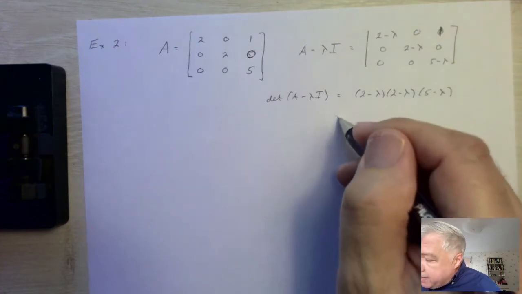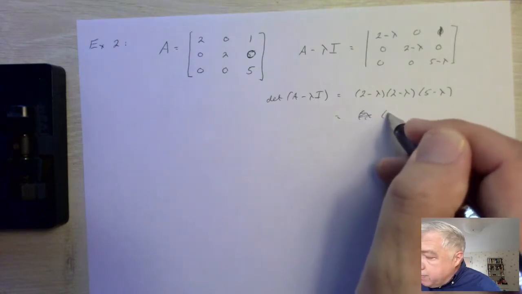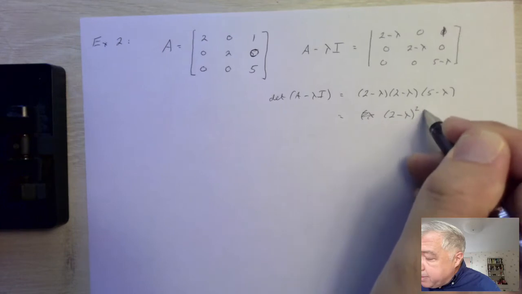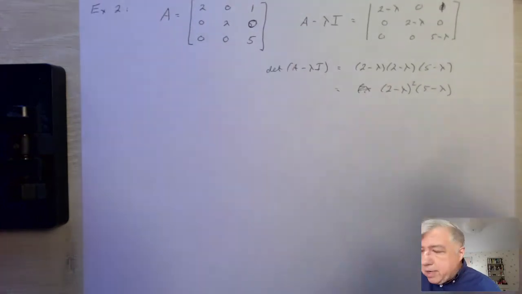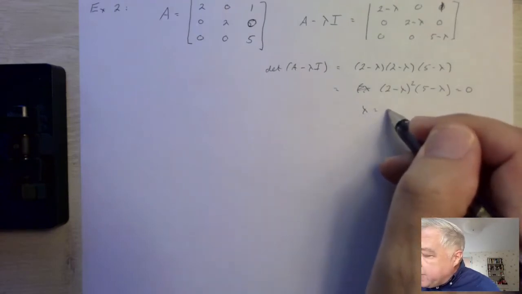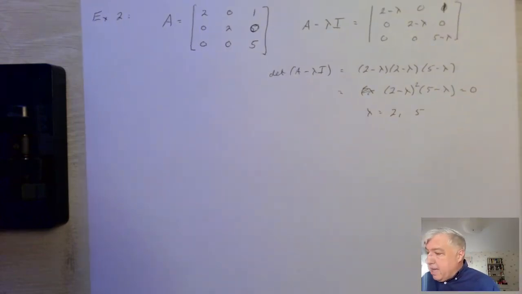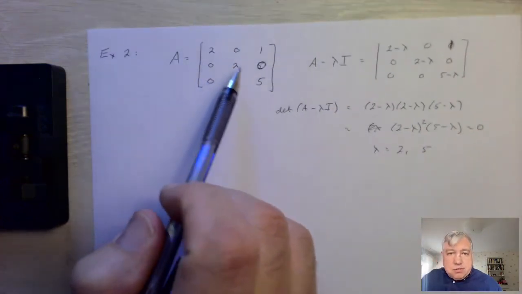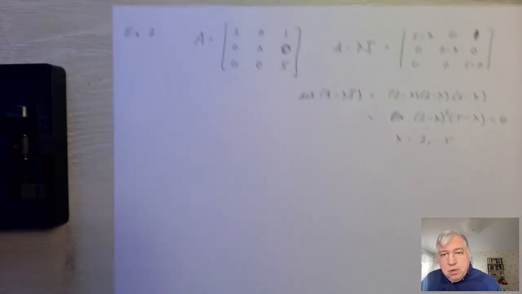This is the same thing as 2 minus lambda squared times 5 minus lambda. We set that equal to 0, and we get that the eigenvalues will be 2 and 5. Not surprisingly, they're also the same as the diagonal entries here.